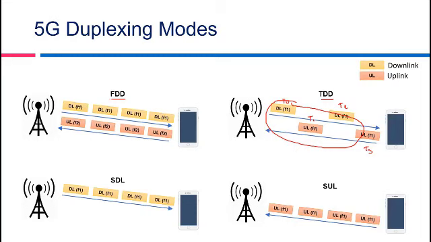SDL is basically used to increase the downlink capacity. Then the fourth duplex mode supported in 5G is SUL. SUL is supplement uplink, where the frequency is used for uplink transmission.